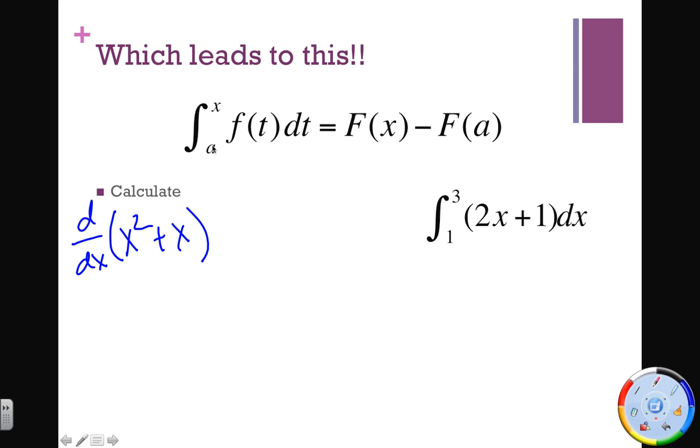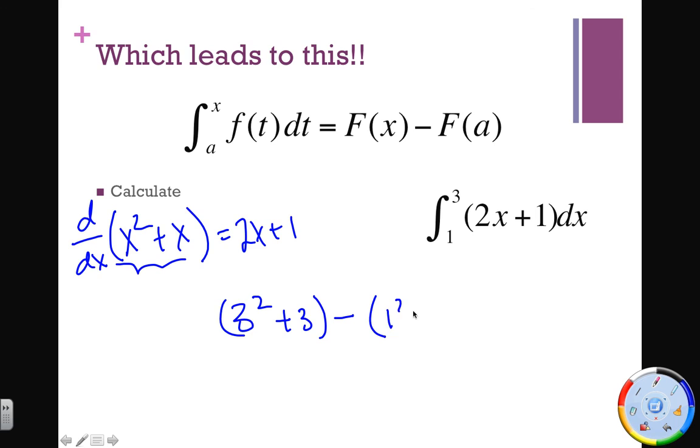Remember, this is called definite integrals because it's defined between 2 points. So I want to actually do, okay, so f of x. So I want to do x squared plus x. Oh, but I forgot. I got to evaluate this at 3, right? So I have to do, okay, this thing evaluated at 3, which is 3 squared plus 3, minus this thing evaluated at 1.